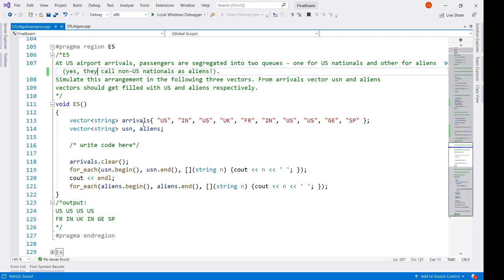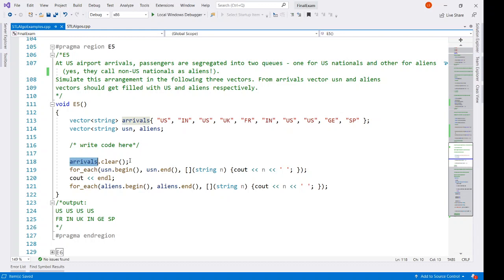Okay, so we have been given this arrivals vector, US national vector, and aliens vector. So in the arrivals vector, we are assuming what is written as US is US citizen, IN is Indian citizen, UK is UK citizens, things like that. So what we should get over here is we move all the elements out of arrivals.